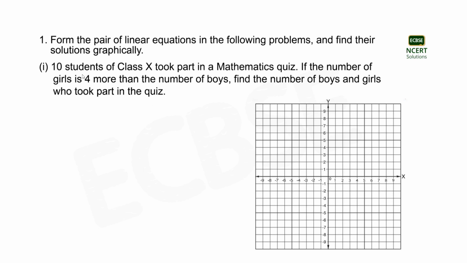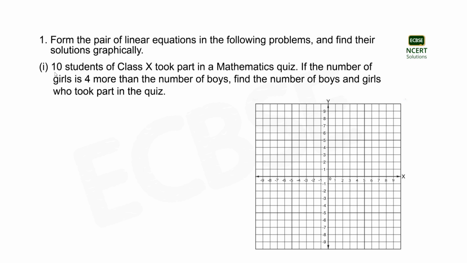So in order to solve this question, we need to form two linear equations using which we can draw the lines over the graph to find the solution, that is, to find the number of the boys and the girls who took part in the quiz. So what step is to be followed in order to form the linear equations from the problem given?